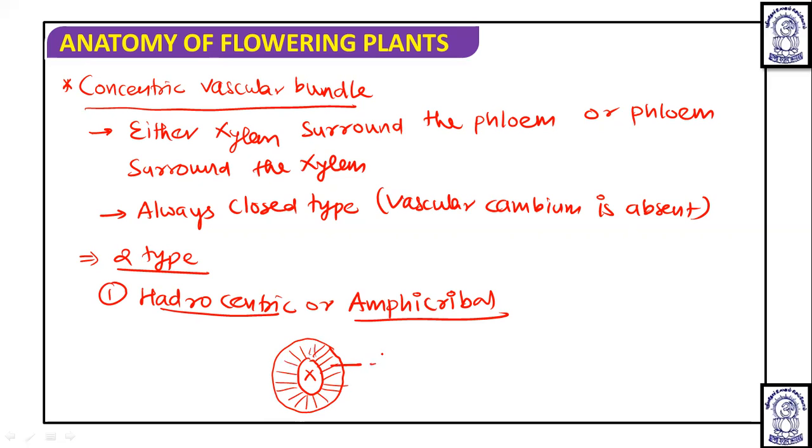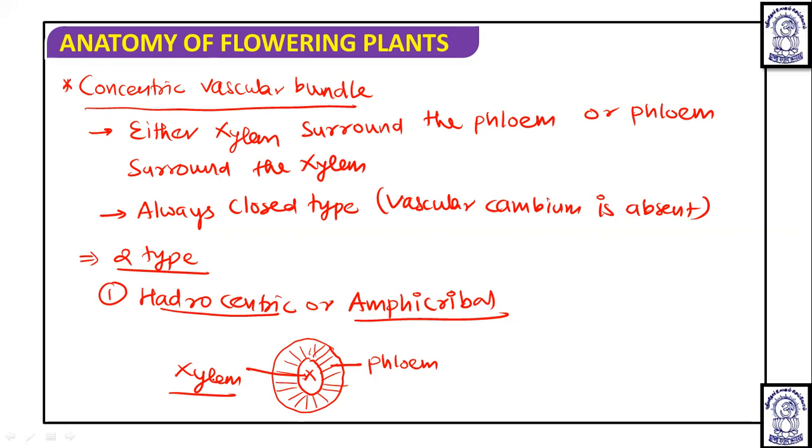So when xylem is completely surrounded by phloem, it is known as heterocentric or amphicribal condition. It means xylem is present in the center, and we know that for the xylem we use the term hadrom.